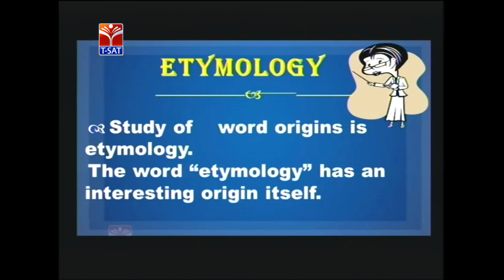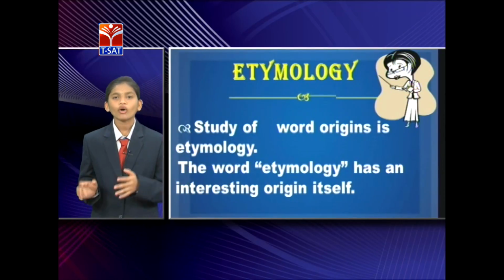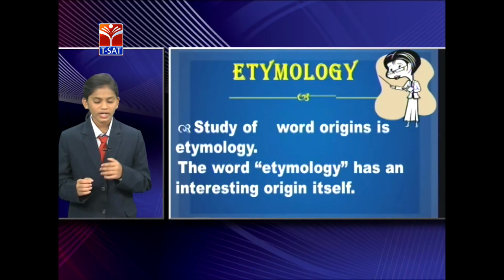Etymology is the study of the history of words, their origins, and how their form and meaning have changed over time. By extension, the term etymology defines the origins of particular words.